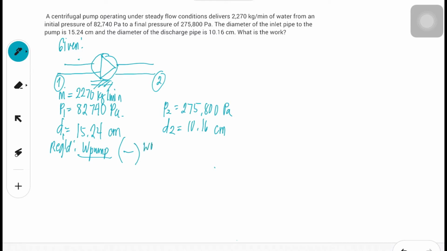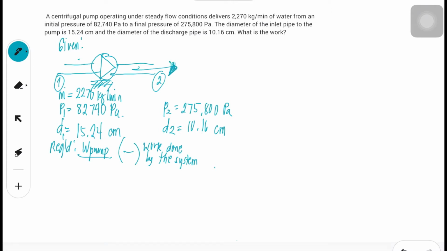It is the machine itself, our pump, that does the work. So the work is transferred from a system. If it does not move, our water will not flow, the centrifugal pump.